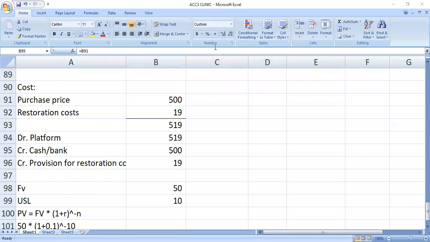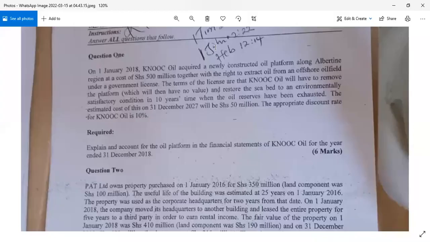Just to take you back to the question, they're saying explain and account for the oil platform in the financial statements for the year ended 31st December 2018. Someone is saying please share, we're not seeing. Okay, so they wanted you to explain what you're doing there and then account for it.